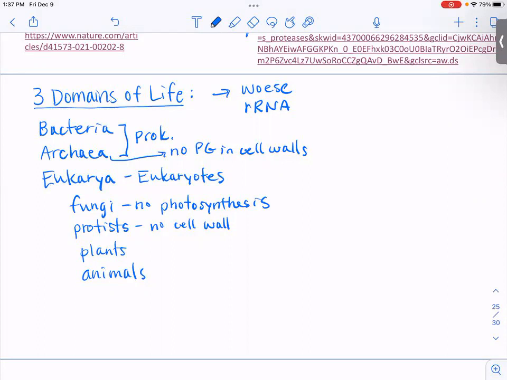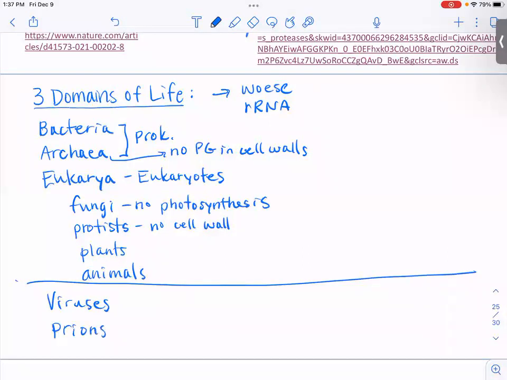And then of course the other microbes we talked about, viruses, aren't considered in that tree of life. We also talked about prions. Viruses, we just got done talking about: they have nucleic acid covered in a capsid.